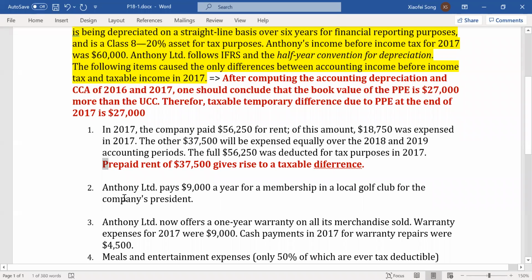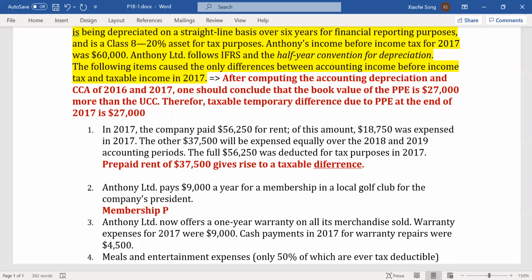Membership for a golf club is not tax deductible. So this is a permanent difference.